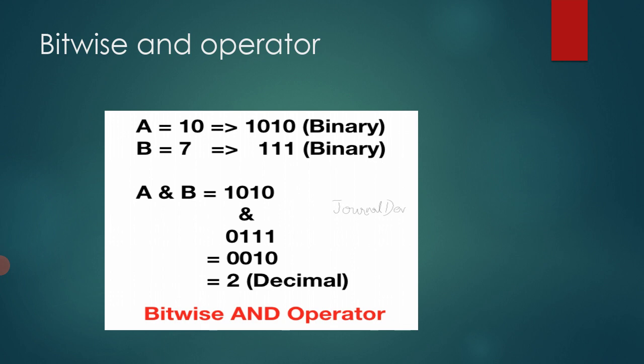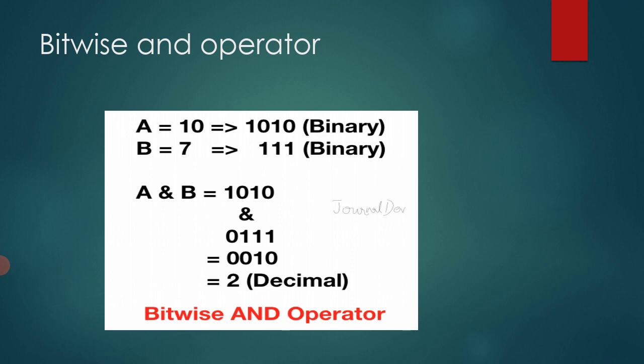Now let's move to the next bit. The next bit is 1, and according to the second operand, the second bit is 1. 1 and 1, you will get the output 1. That's why in the answer the last bit is 0 and the second last bit is 1. Now let's move to the third bit.